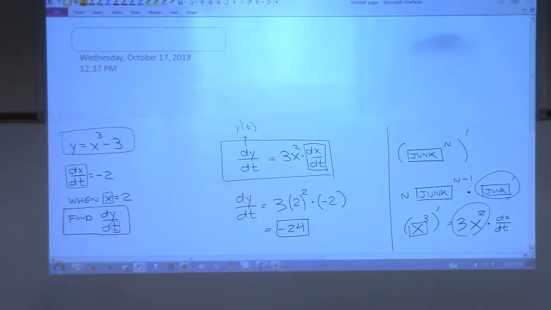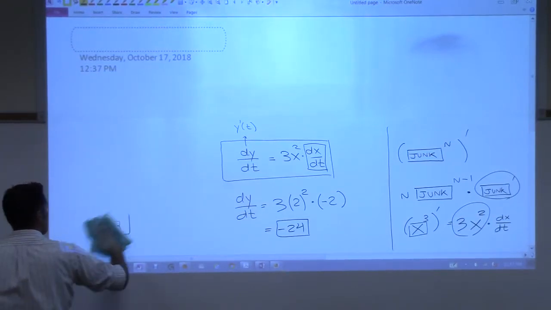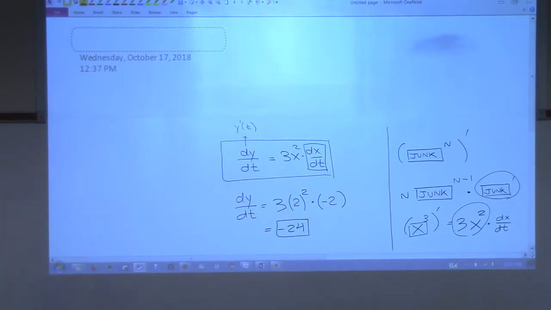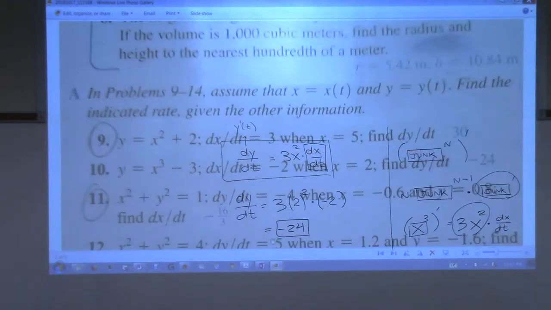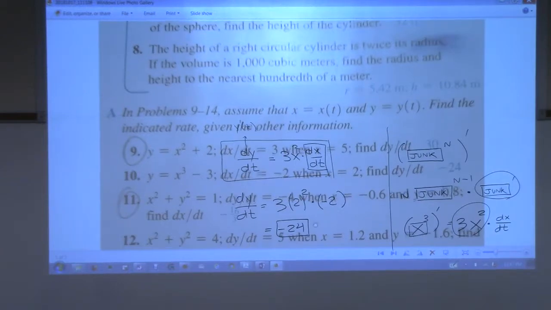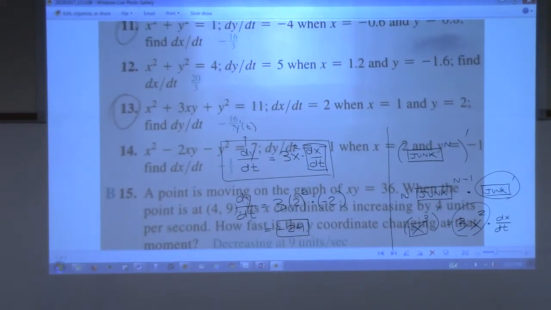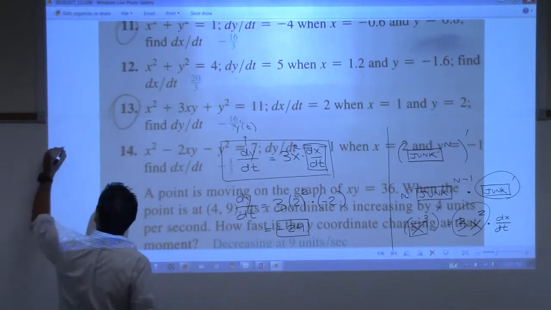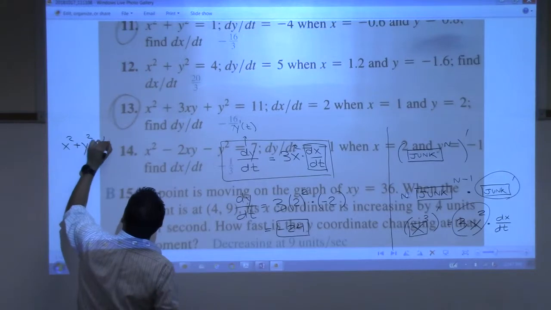All right, let's try another one of these. So the next example, where is it? Keep doing the wrong one there. Let's look at number 12. Bring it up there. All right, we have x squared plus y squared equals 4.